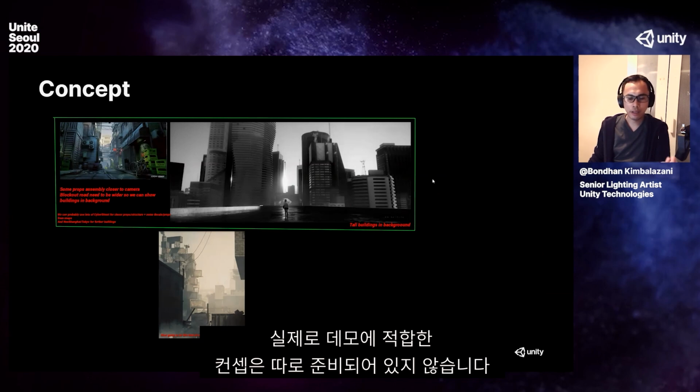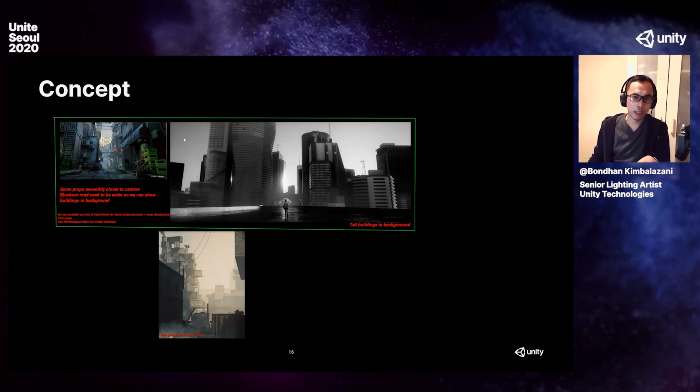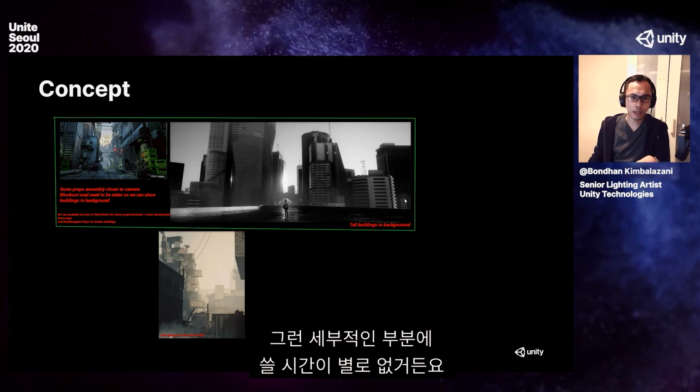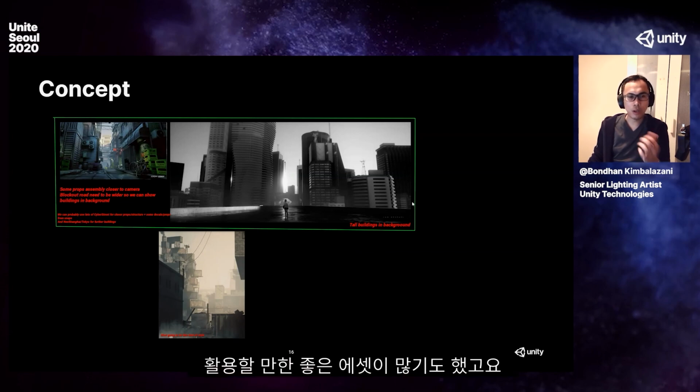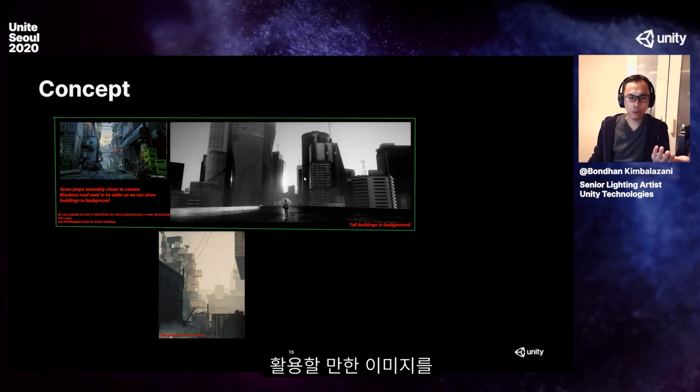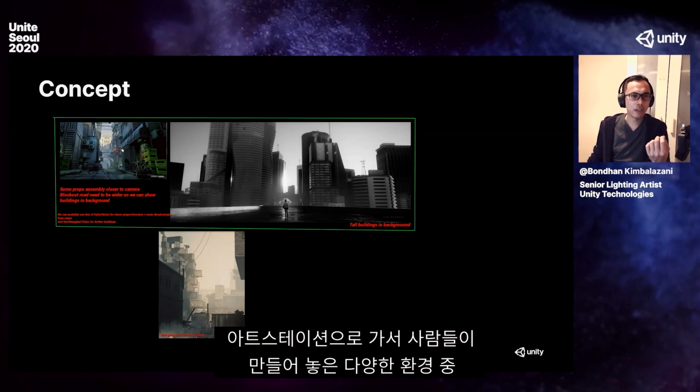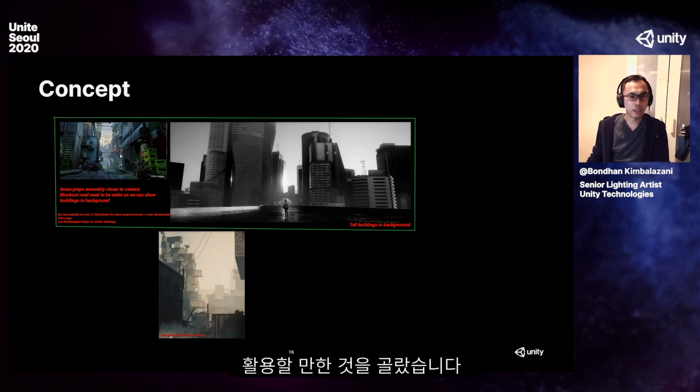It's partially because the time is tight, and also because we know that we have good assets to work with, so we just try to find the image that we want to aim for. We look at the various environments that people have done, and we took several images from the internet.